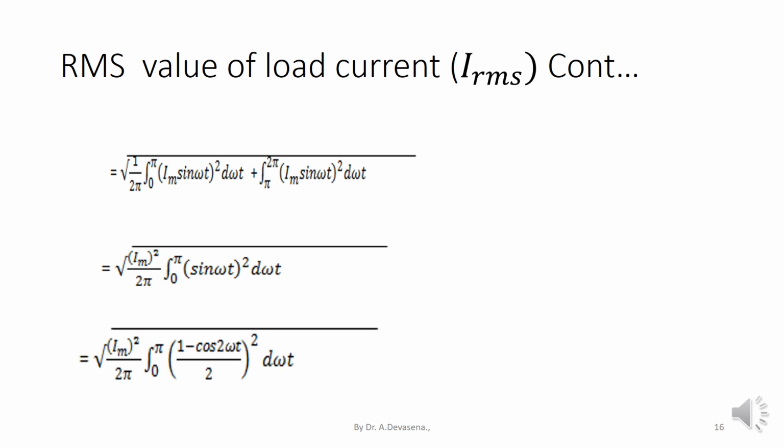That is Im square by 2 pi integral of 0 to pi, 1 minus cos 2 omega t by 2, d omega t, because the value of sin square omega t is equal to 1 minus cos 2 omega t by 2.